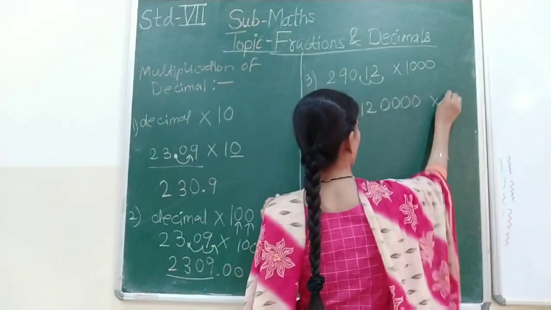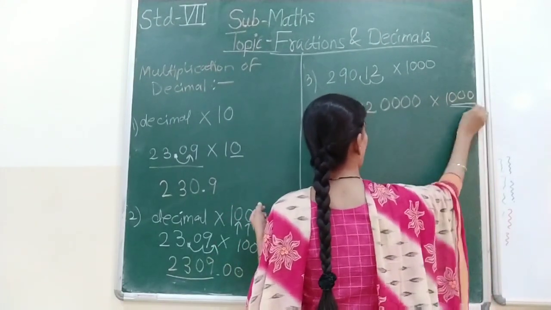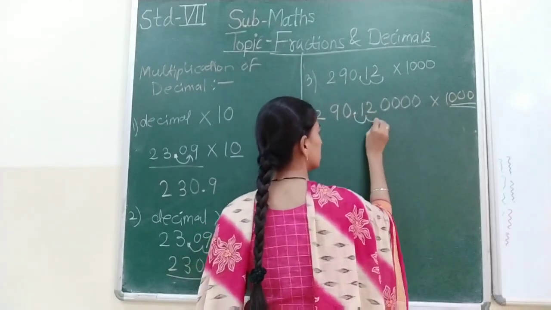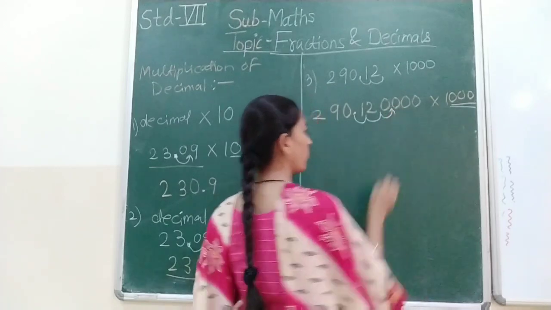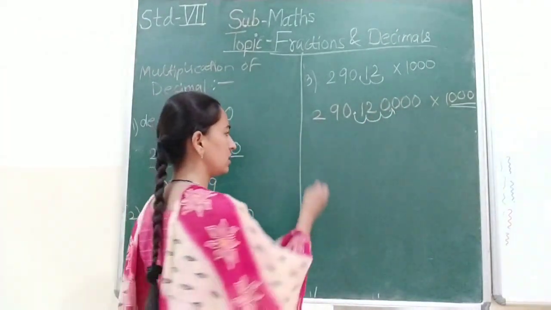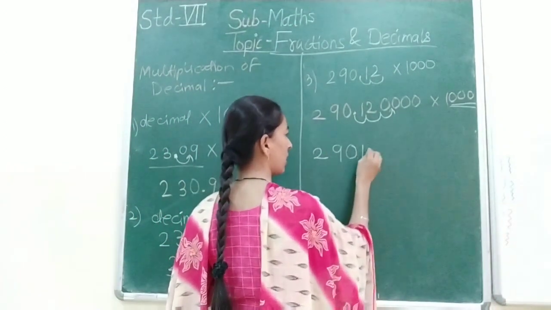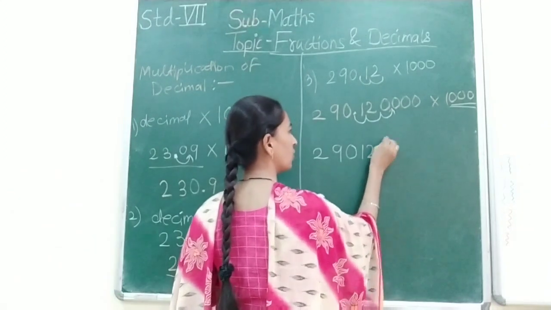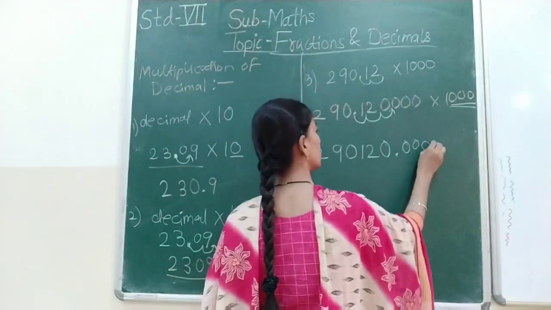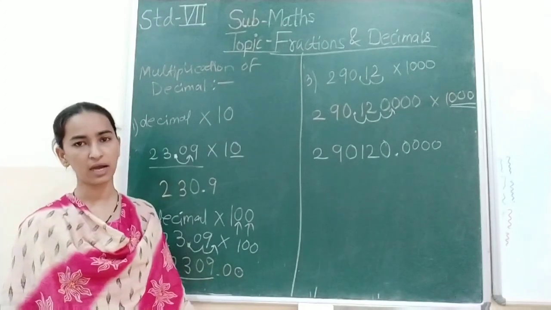Now multiply this by 1000. So next, how many zeros are there? 3. So my point will be shifted first, second, third. So my point will be after the 0. Understand this? So my answer is 290120 and then you can give 0.0000, as many zeros as we can add.